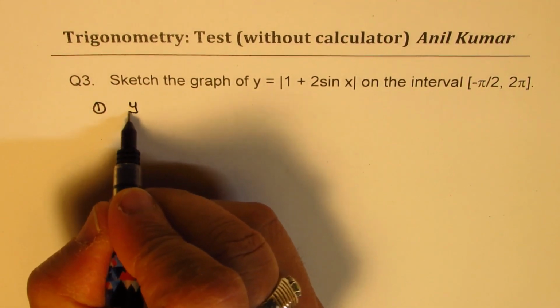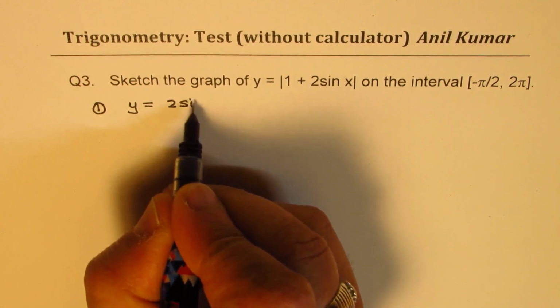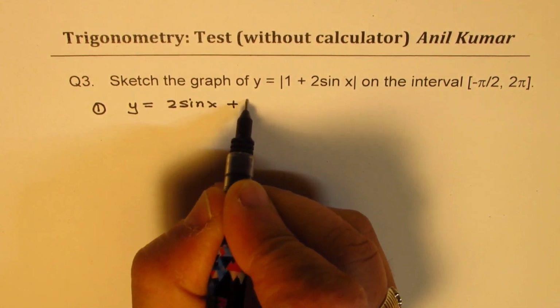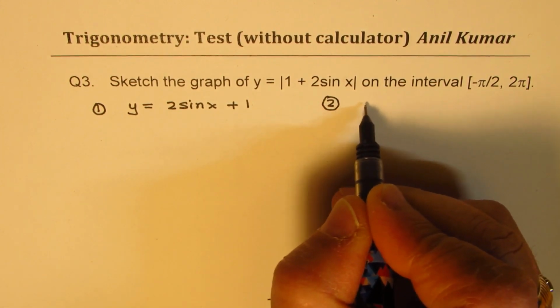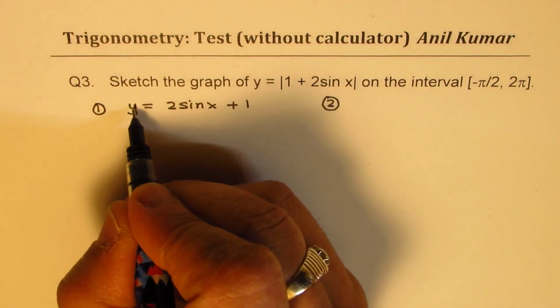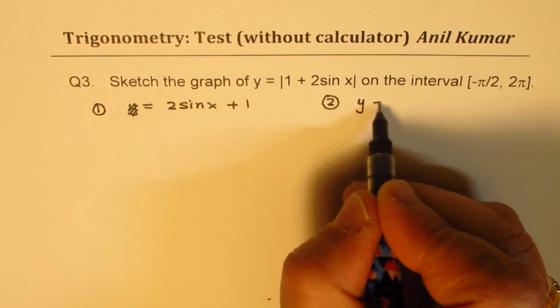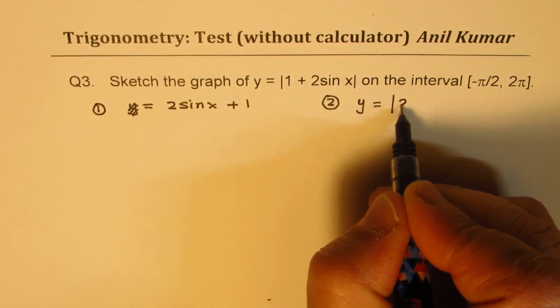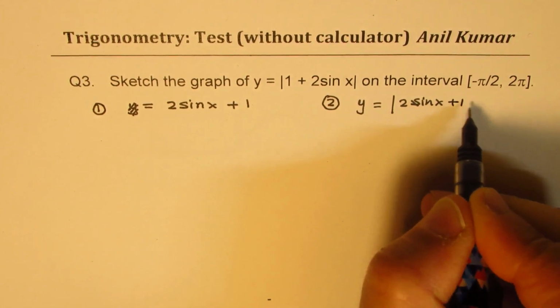First step will be y equals 2 sine x plus 1. The second step will be to sketch, let me not call this y because y is our main function, y equals the absolute value of 2 sine x plus 1, correct?